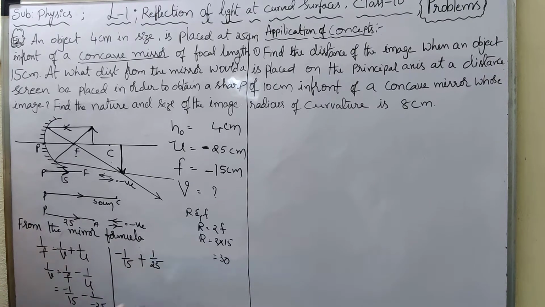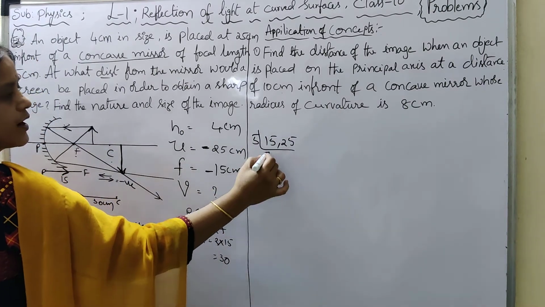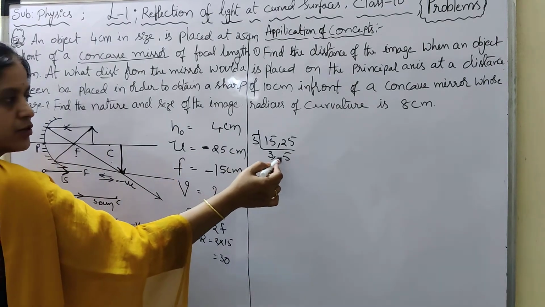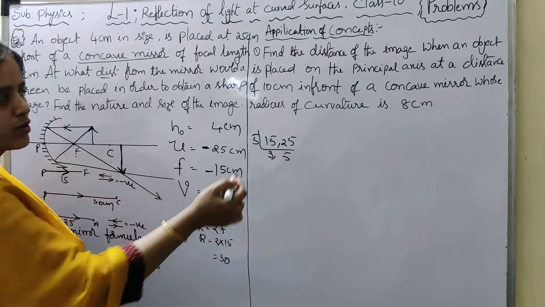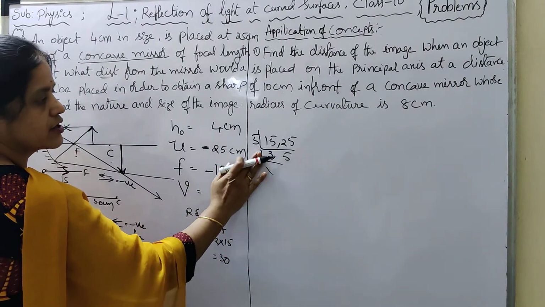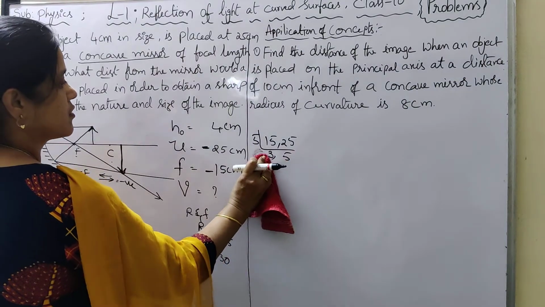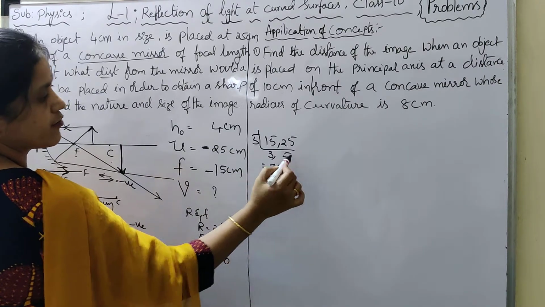Then take the LCM of 15 and 25. So 15, 25 LCM. 5 3s are 15, 5 5s are 25. You have to take the LCM till you get prime numbers. So these two are prime, so no need to take 3, 5 and so on. Okay, next. 5 3s are 15, 15 5s are 75.